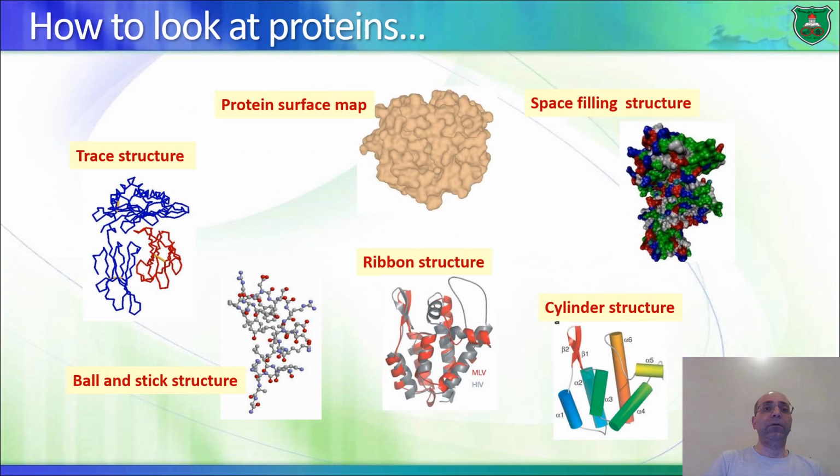Now, there are different ways by which we can illustrate protein structures. We talked about the ribbon structure more than anything else. So basically, you have the alpha helices looking like ribbons, like helical rods, and the strands are illustrated as arrows, thick arrows.